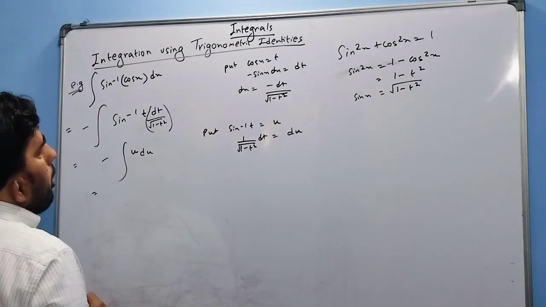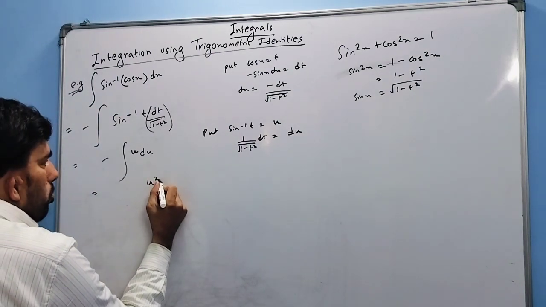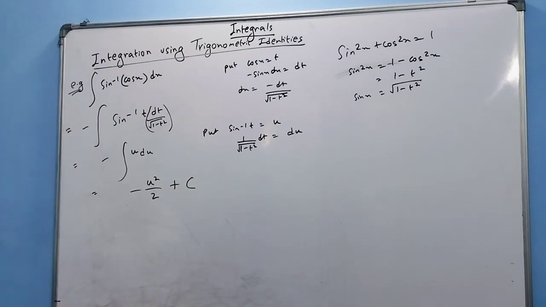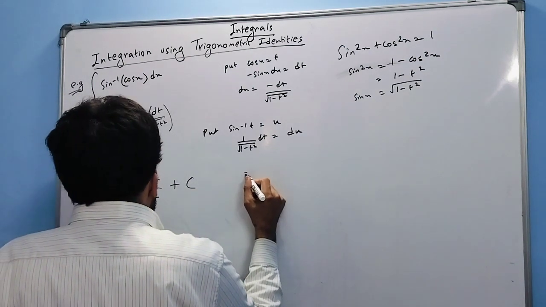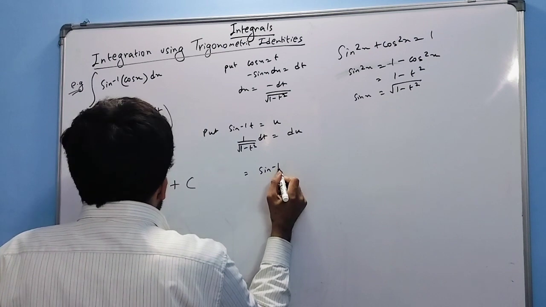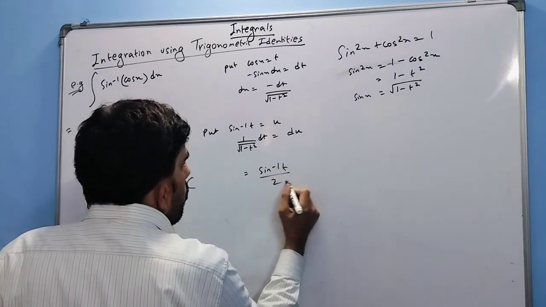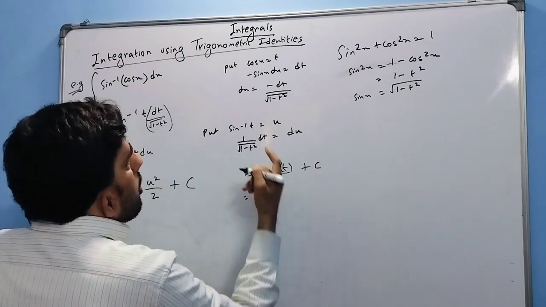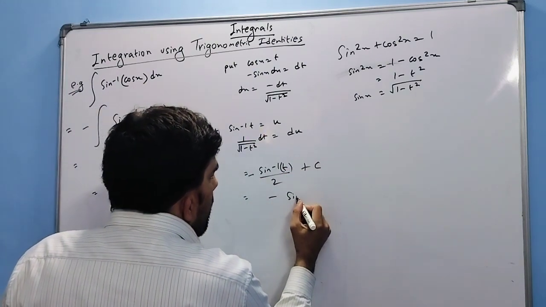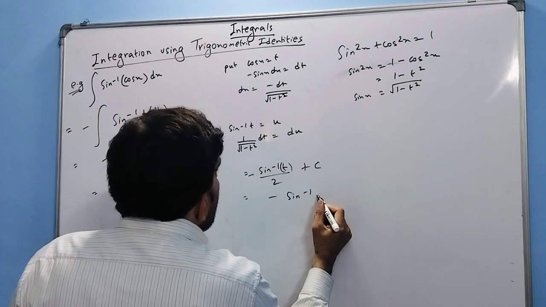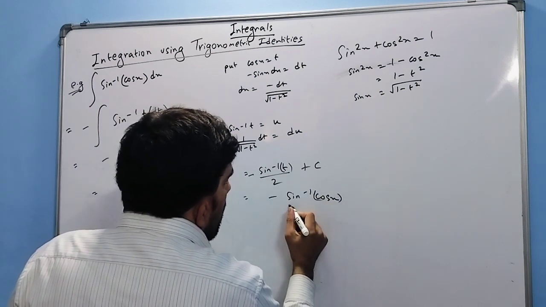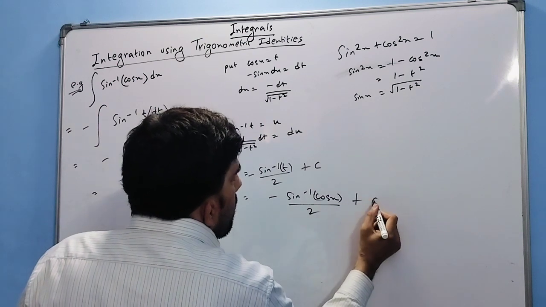So what is the integral of u? We can take u square by 2 plus c. Now what is u I have taken? So I'll put here sine inverse t, whole square, upon 2 plus c. But what is t? Cos x. So I will write minus sine inverse cos x, whole square, upon 2 plus c.